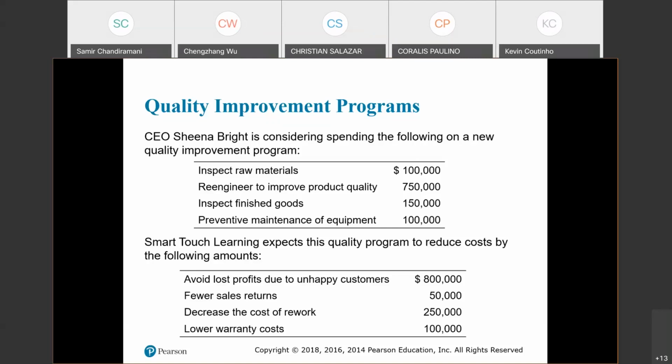And additionally, $100,000 can be saved because of lower warranty costs.